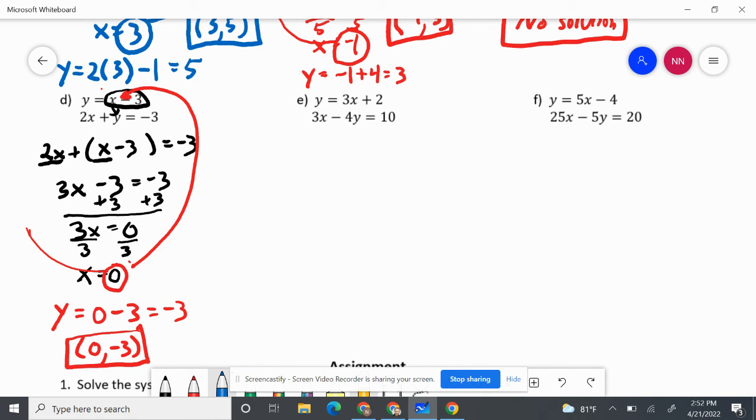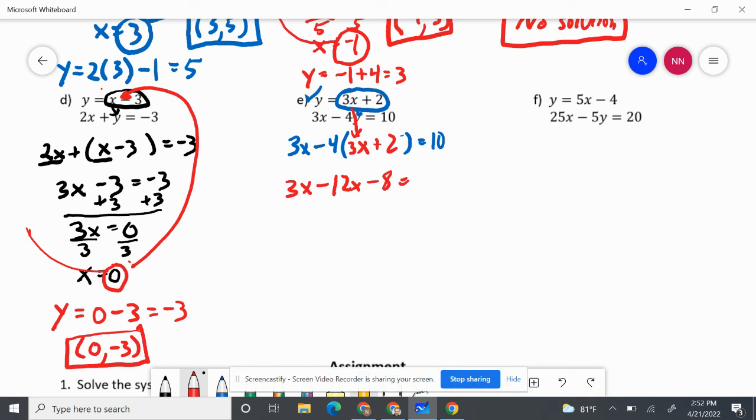Looking at the next one, notice once again the y is by itself. I take the expression 3x plus 2 and replace it with the y. So I get a 3x minus 4, but instead of a y, I'm going to replace it with the 3x plus 2. So I get 3x minus 12x minus 8 equals 10. This right here gives me negative 9x.